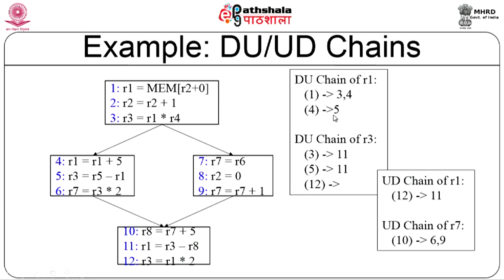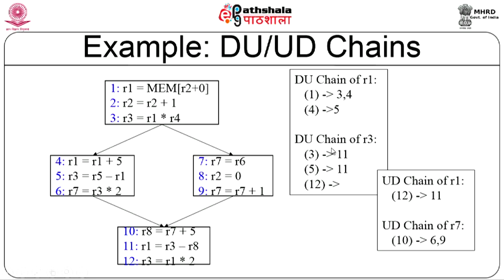Now, similarly, if you look at the DU chain of R3, R3 is equal to R1 into R4, defined here. If you look at this particular path, the 11th statement is going to be using R3.